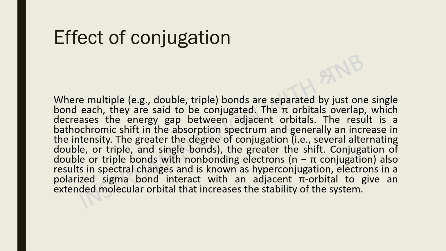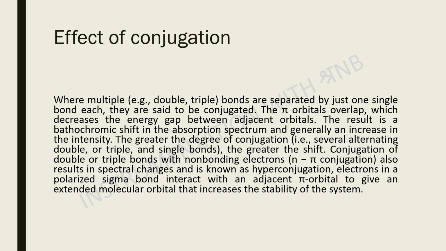Effect of conjugation. Conjugation is the alternate double or triple bond. Where multiple bonds are separated by just one single bond each, they are said to be conjugated, as in the case of pi to pi star transition. The greater the degree of conjugation, the greater is the shift towards the red region, the bathochromic, longer wavelength region.